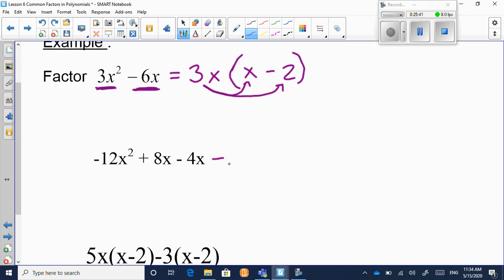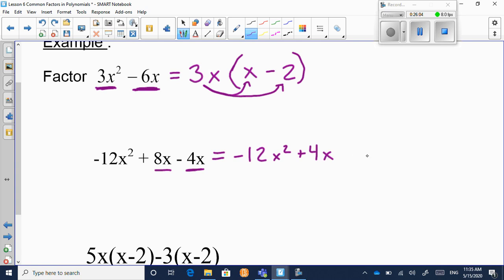Okay, so here we go. Now, with this one, a lot of you may say, well, Mr. Webster, you could simplify this right off the bat because the 8x and the negative 4x are like terms. And you're right. So watch what I would do, I'd go negative 12x squared plus 4x. So I've taken care of my like terms.